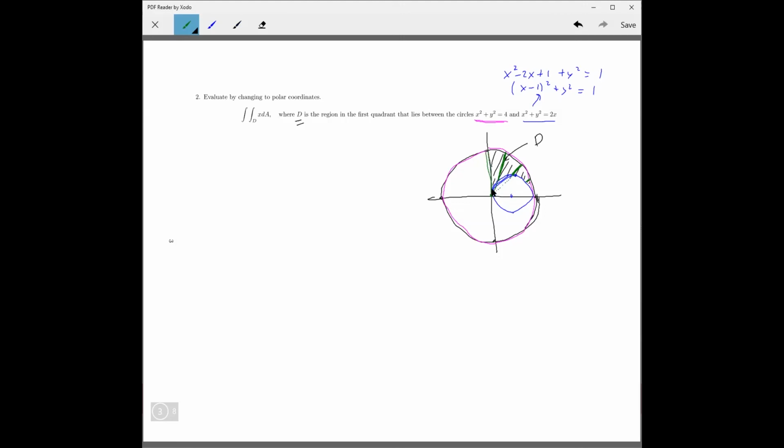But if you're just a little bit this way, you're going to be inside this blue circle first, and then you're going to pop out and go up there. Okay, so any ray from the origin out to this boundary, these rays are going to get covered everywhere. So this integral, okay, so what do we change the x to? You guys remember?